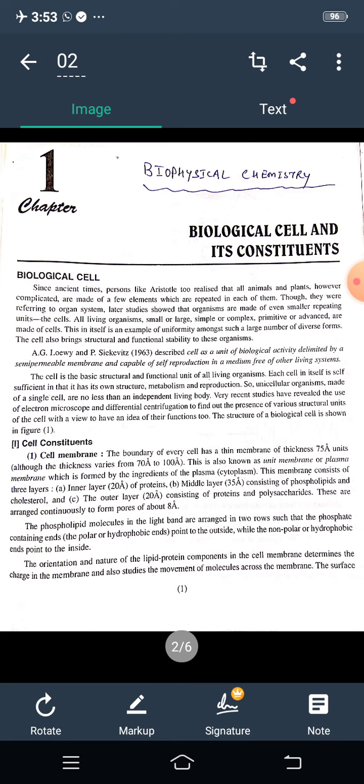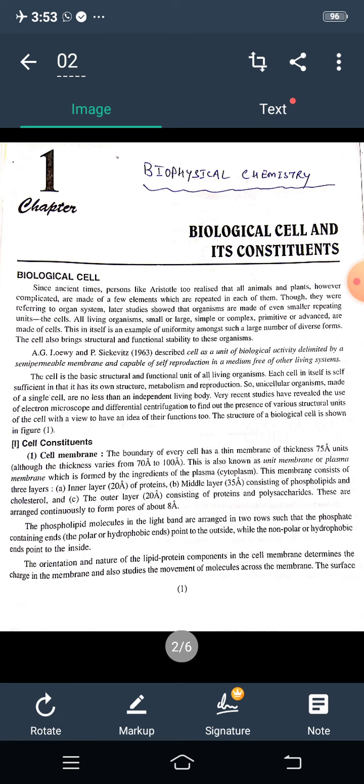Since ancient times, persons like Aristotle realized that all animals and plants, however complicated, are made of a few elements which are repeated in each of them, though they were referring to organ systems. Later studies showed that organisms are made of even smaller repeating units, the cells.